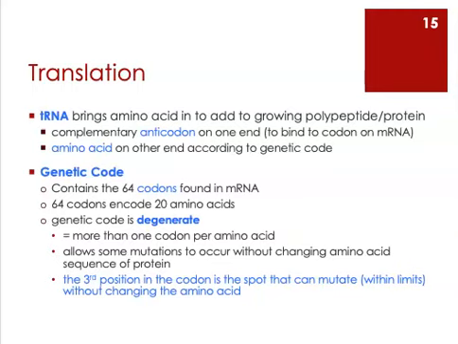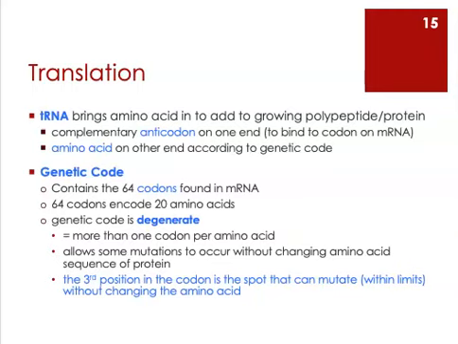Remember, we said there are sometimes 2 codons, there are sometimes 4 codons that all code for the same amino acid. And the reason that's important is because it allows for some mutations to occur in nature without disrupting the protein building process.